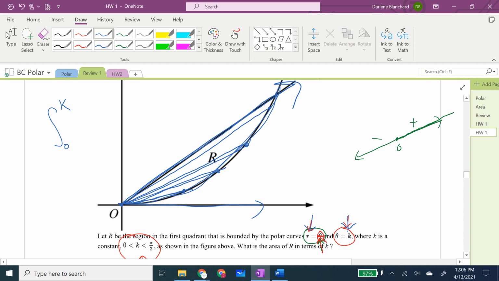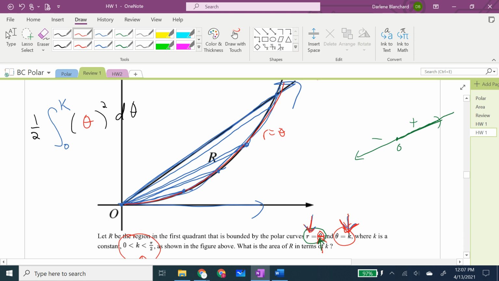Now, the formula for area is 1/2 r squared d theta. The function that I am following is r equals theta. This other border is just creating an angle border, not a function border.